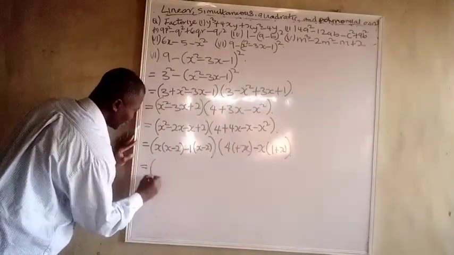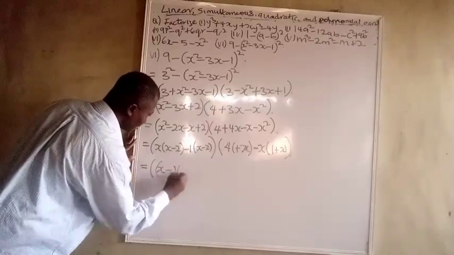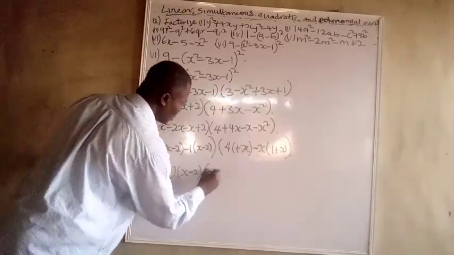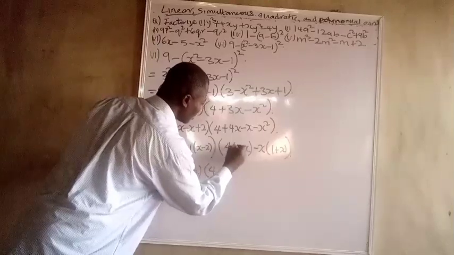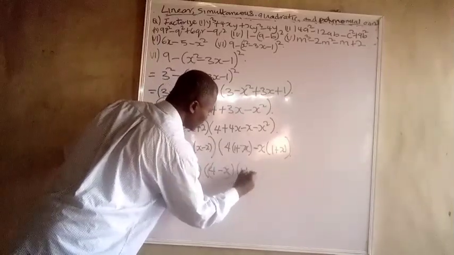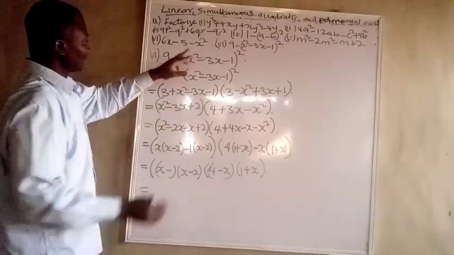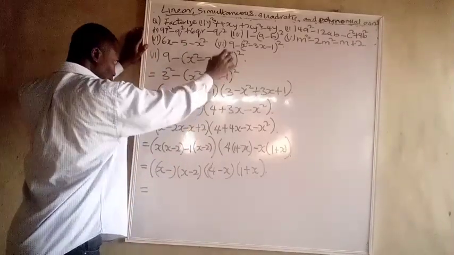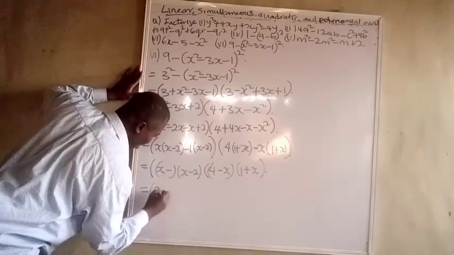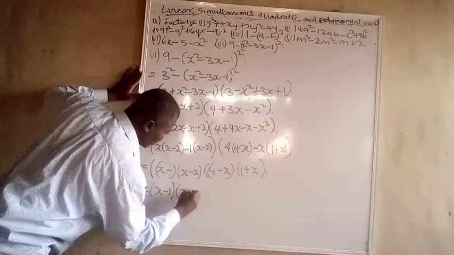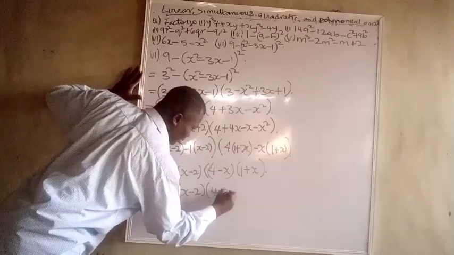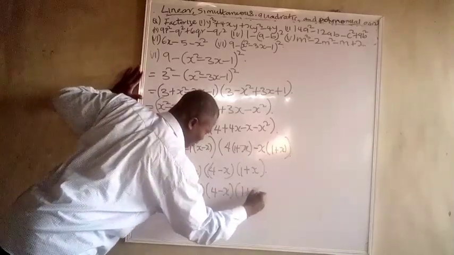So at the end of the day, we are going to have x minus 1 into x minus 2 into 4 minus x into 1 plus x. So the factorization of 9 minus bracket x squared minus 3x minus 1 bracket all squared is equal to x minus 1 into x minus 2 into 4 minus x into 1 plus x.